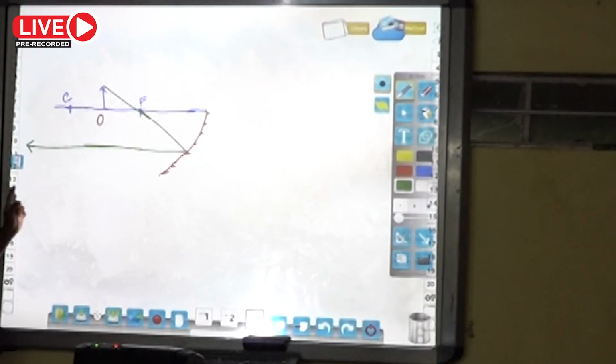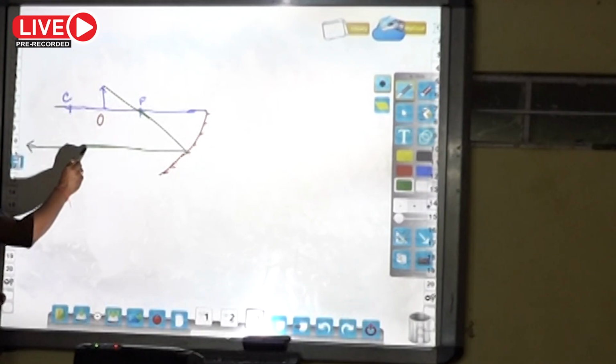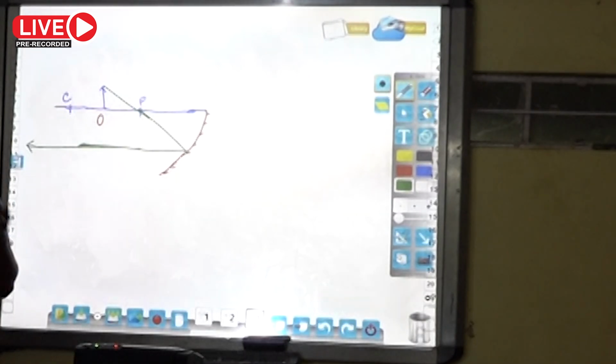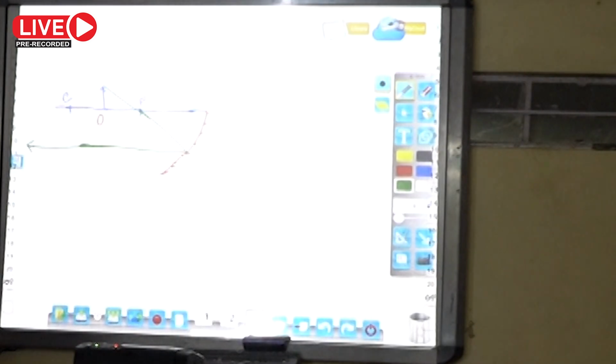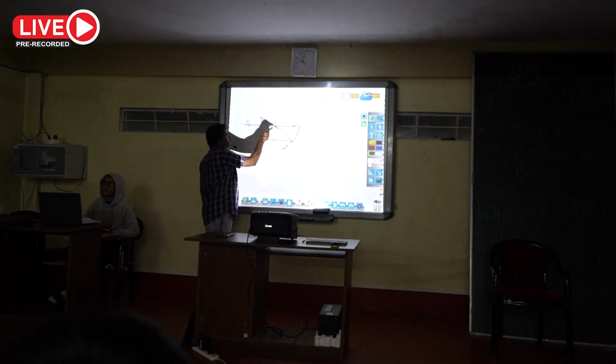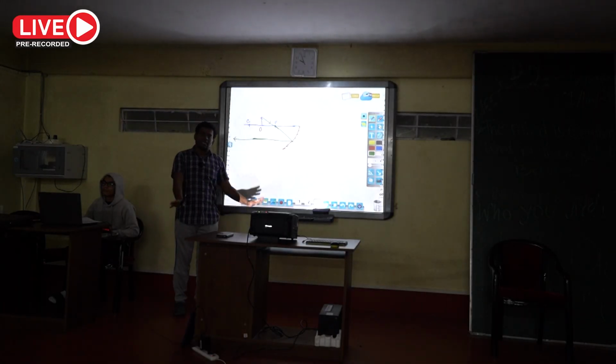But see, we know only three known paths. One is if the light ray is parallel to the principal axis, then it will pass through focus. If the light ray passes through focus, it will be parallel to the principal axis. And if the light ray passes through center of curvature, then it will retrace its path. The light ray passing through focus will be parallel to the principal axis, that I can draw.